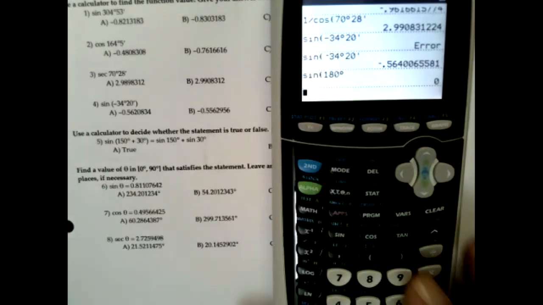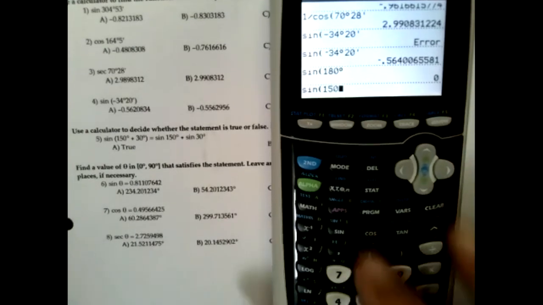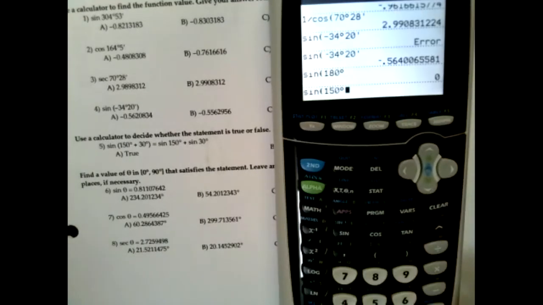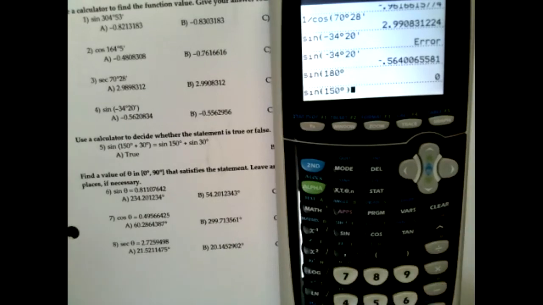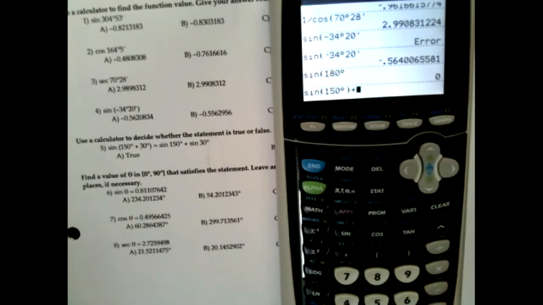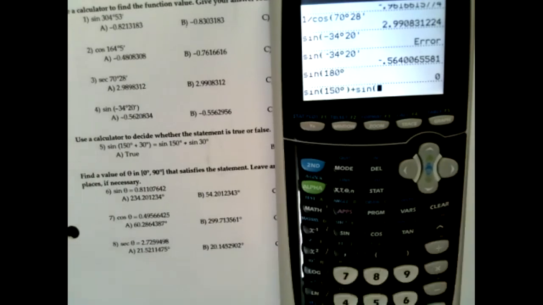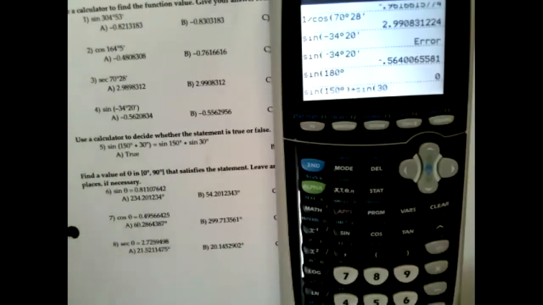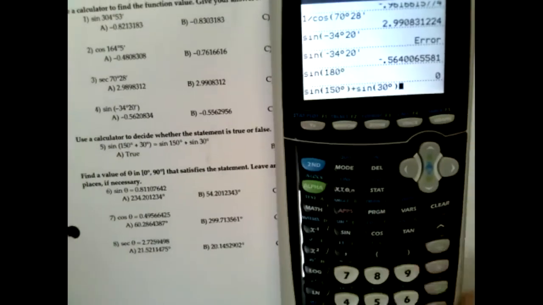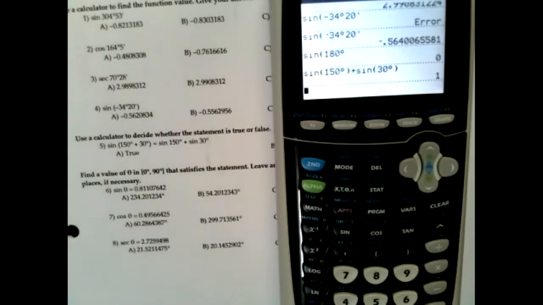Let's see, the sine of 150 degrees, I'm going to have to close it with a parenthesis, plus the sine of 30 degrees. And that equals 1. So they are not the same.